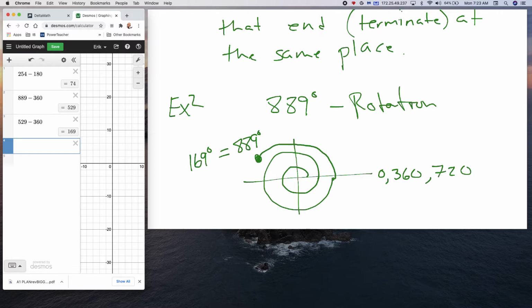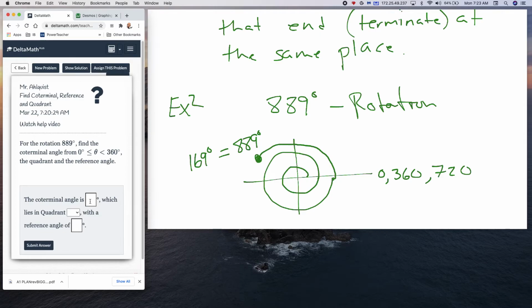So based on that, that's the same thing as 169. So when you're asked here, it's coterminal with 169, which lies in which quadrant, you should know now that this is quadrant 1, this is quadrant 2, this is quadrant 3, this is quadrant 4. So it's in quadrant 2.